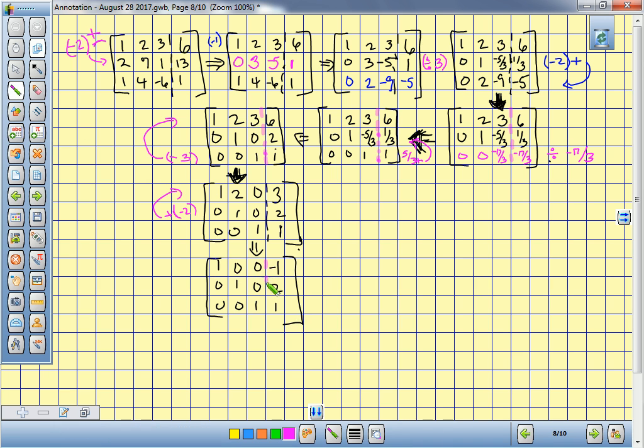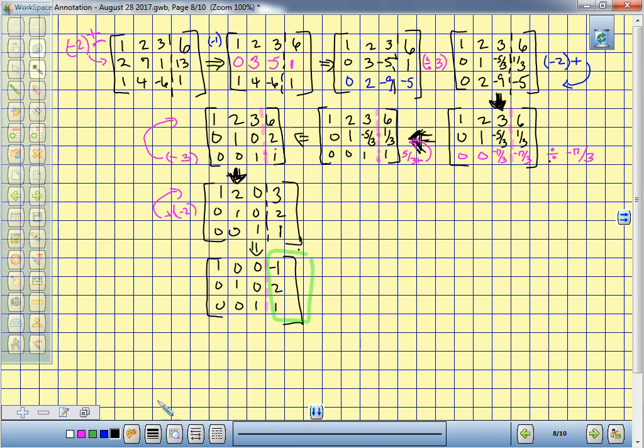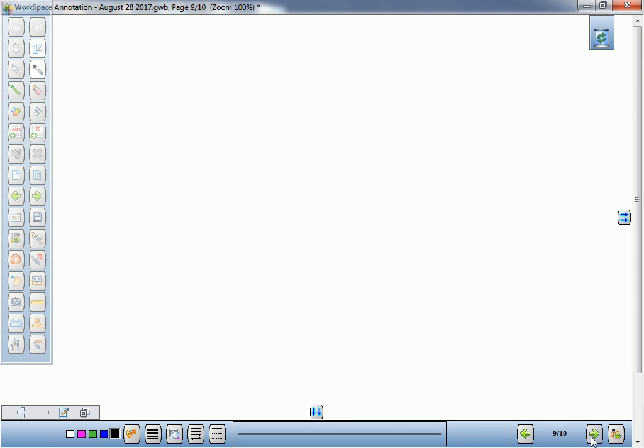What do I have to multiply this by? If I multiply this one by 5 thirds and add it to this, it makes this go away. So we're multiplying this through by 5 thirds and adding it to this.